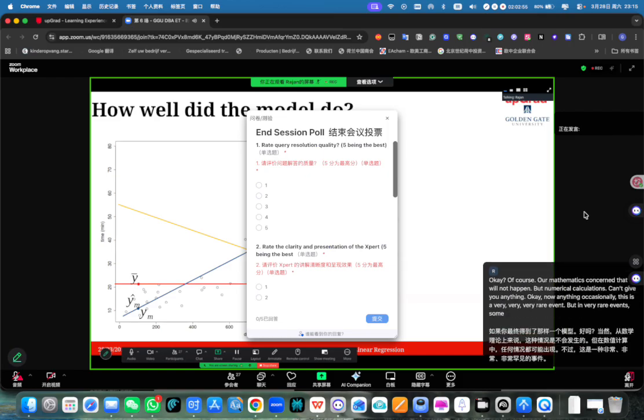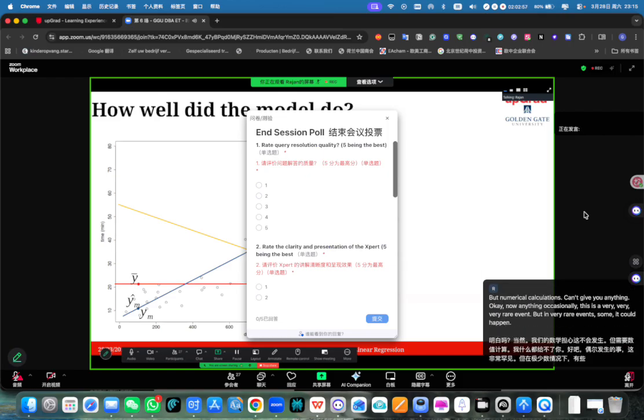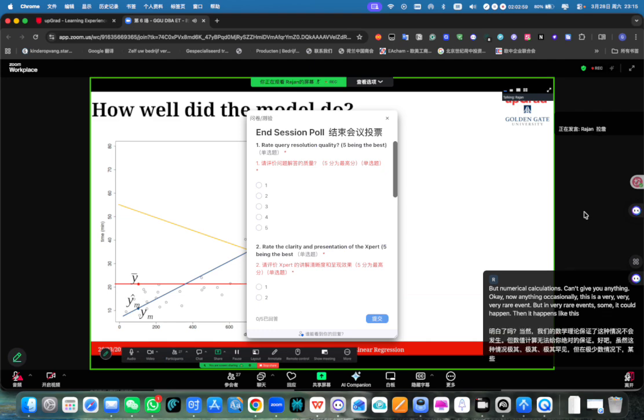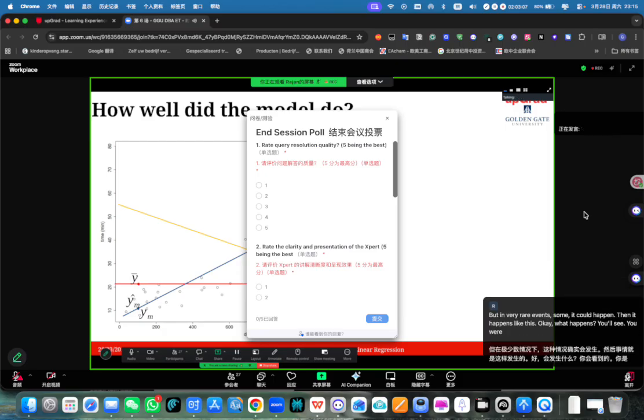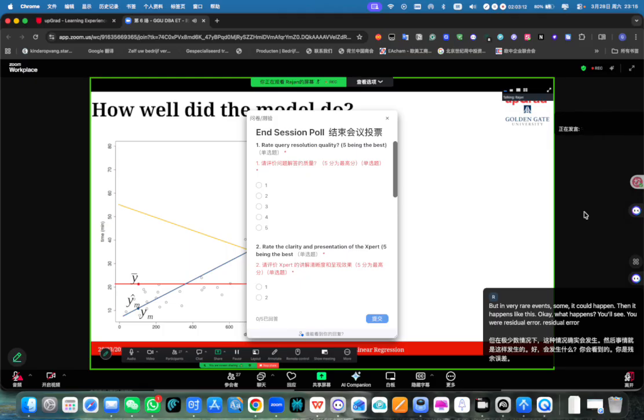But in very rare events, it could happen. When it happens like this, what happens? You see, your residual error is bigger than the total error.